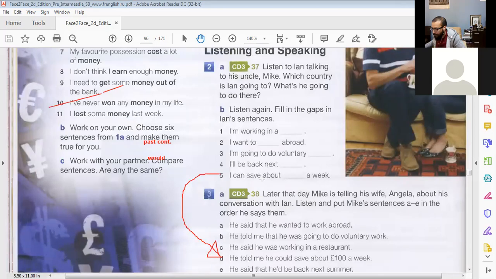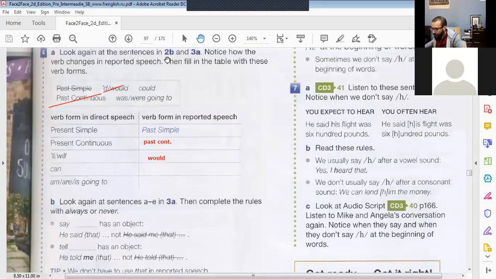He told me he could save about. So can, how did it change? Changed to could. Right, that's it. So if you have can in direct speech, you're going to change it to could. This is our next rule.